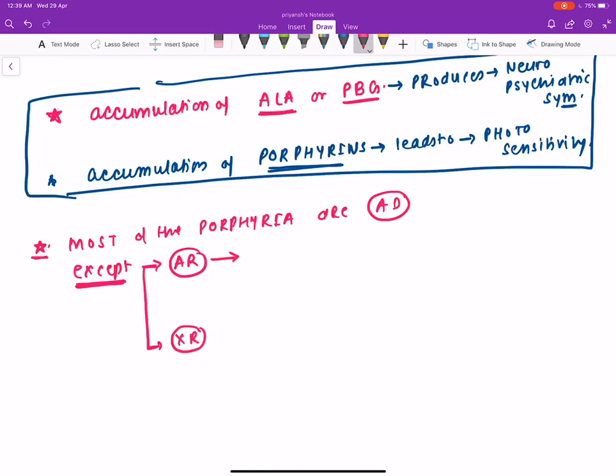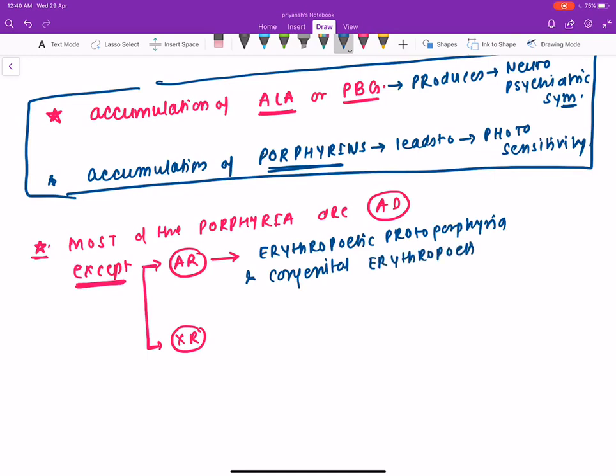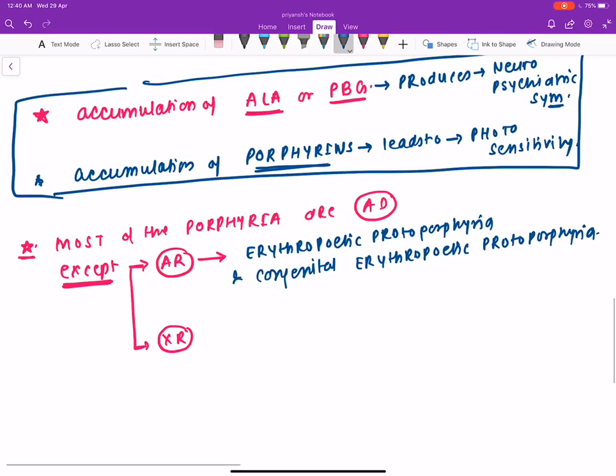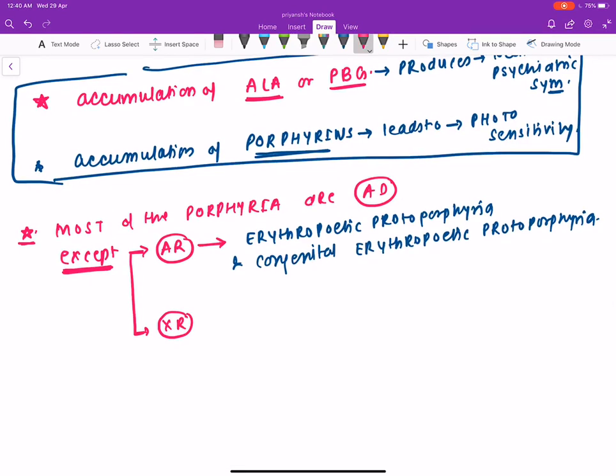The autosomal recessive porphyrias are erythropoietic protoporphyria and congenital erythropoietic porphyria. The X-linked recessive porphyria is X-linked protoporphyria.